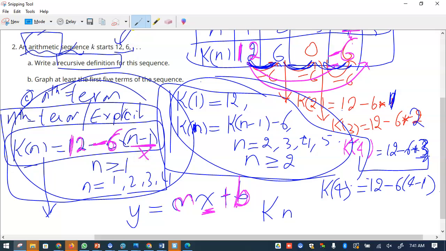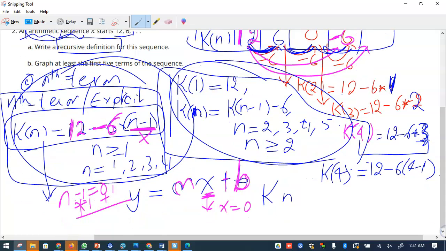This is the x here. So the only thing that you have to take care of is here. This starts with x could be anything. If I put 0, it means I'm making this n minus 1 equals 0. It means you add plus 1 to both sides, and you get n equals 1. So that's why it is not just 1, but also greater than 1. I hope this helps. And you're done.